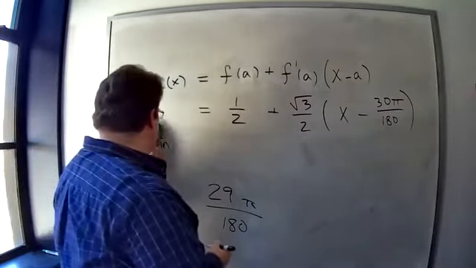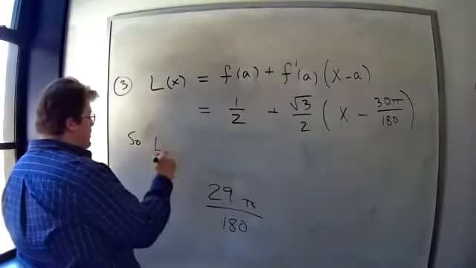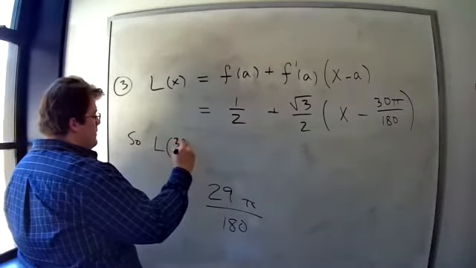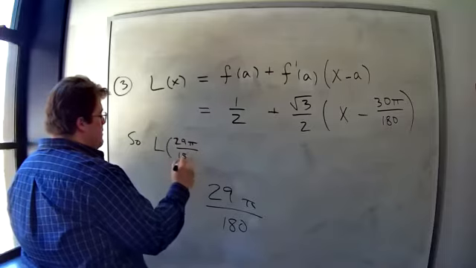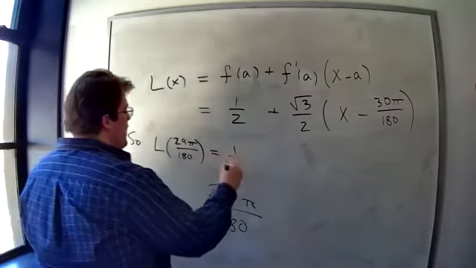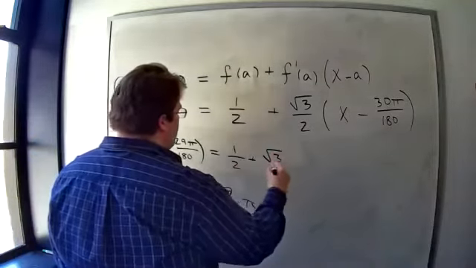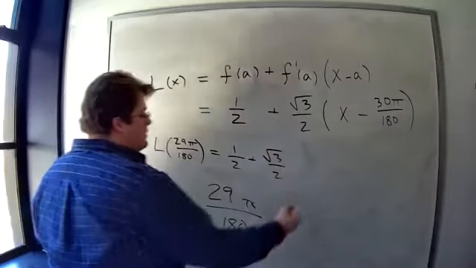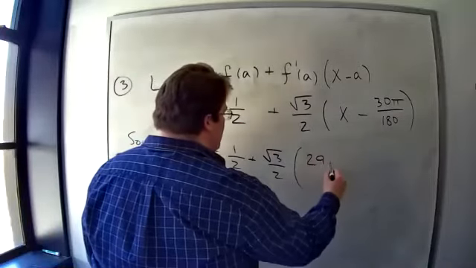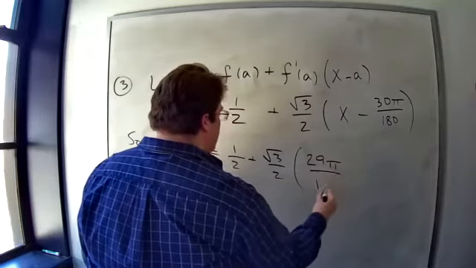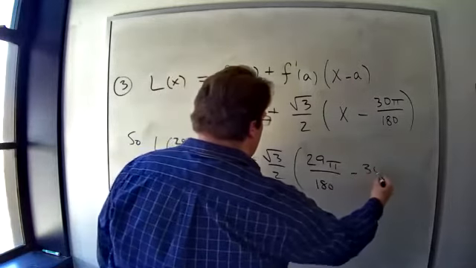I guess I wrote it like this before. So L at that is a half plus root 3 over 2. Let x equal 29 pi over 180.